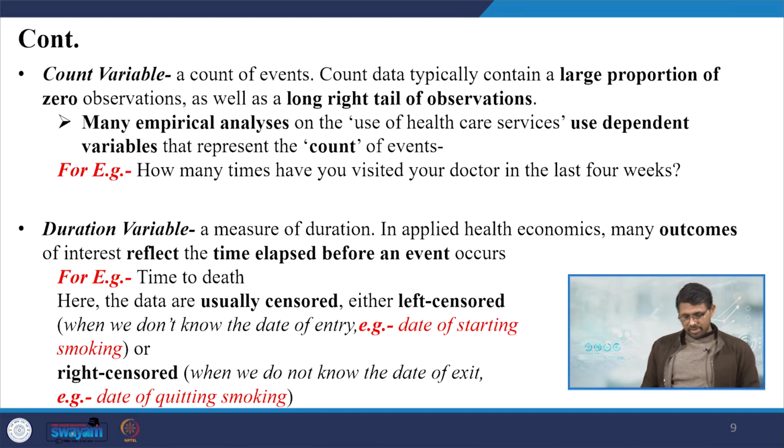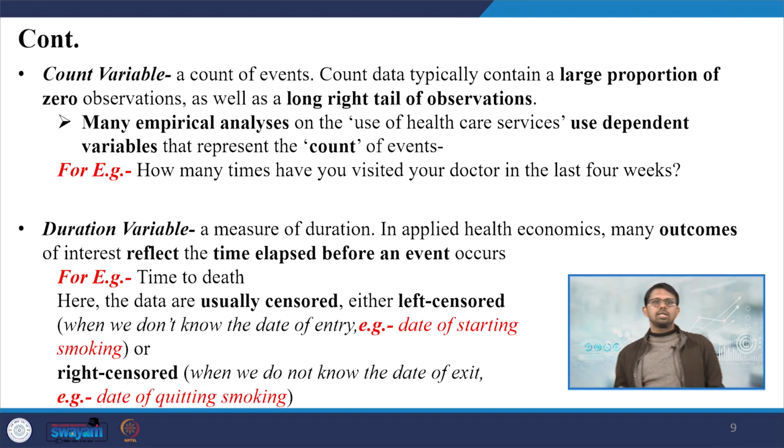And another aspect, some are right censored when we do not know the date of exit, such as the date of quitting smoking, etc. So, that is also not the typical feature of ordinary regression.